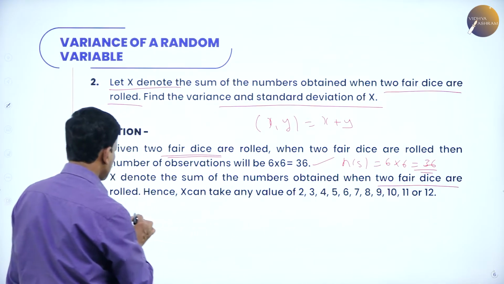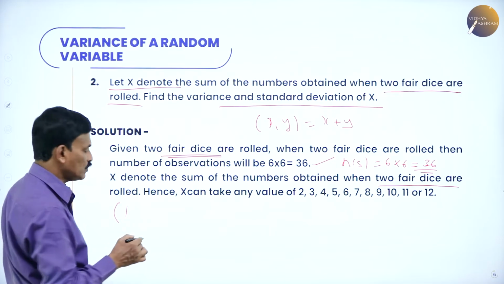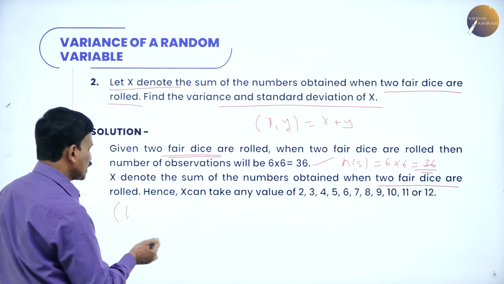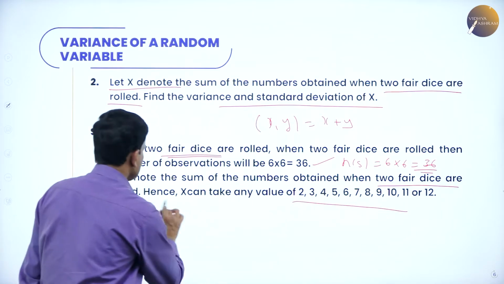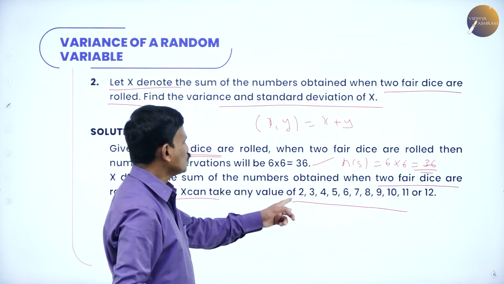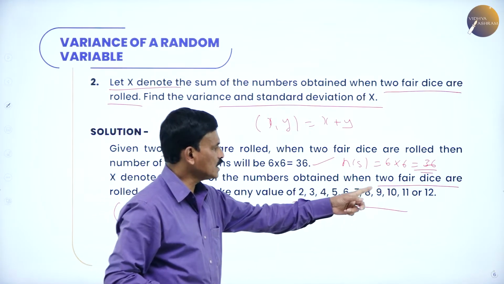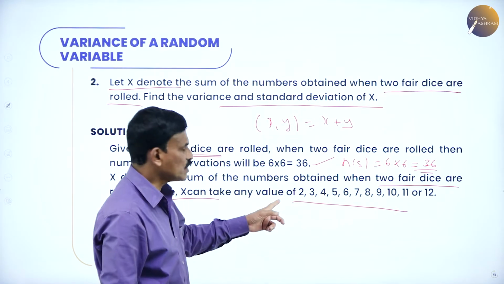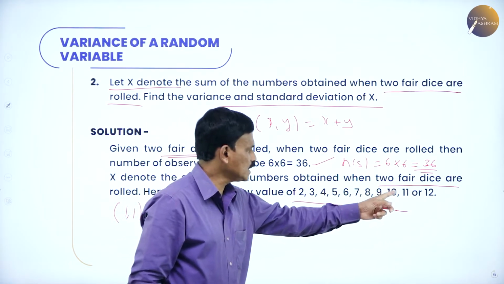Hence X can take, see, the first value: if one die is rolled, you are going to get say 1. For the second die it is also 1. 1 plus 1 is equal to 2. Therefore X can take the values 2, 3, 4, 5, 6, 7, 8, 9, 10, 11 or 12.